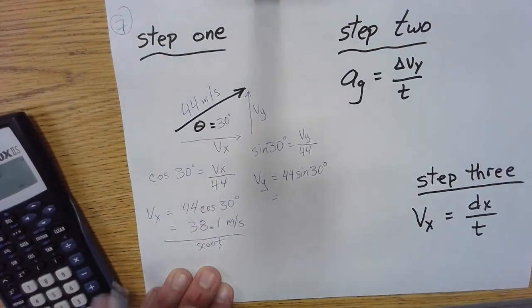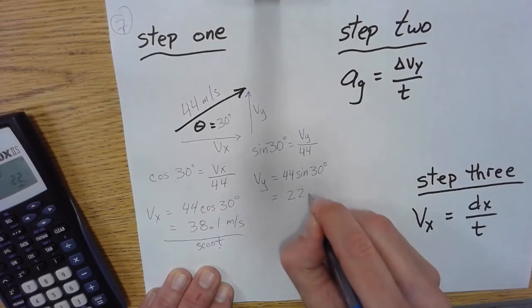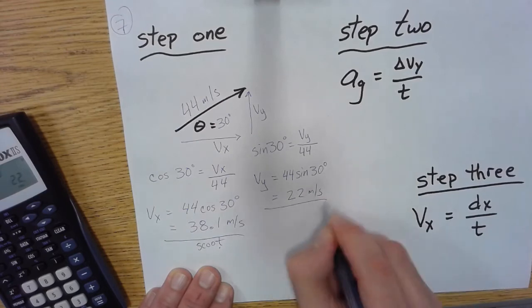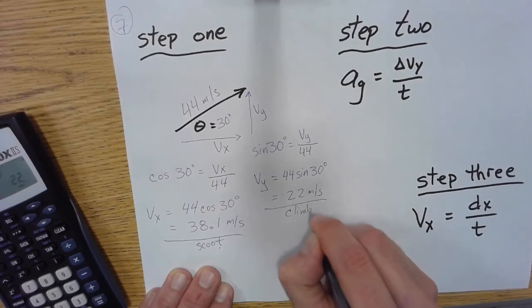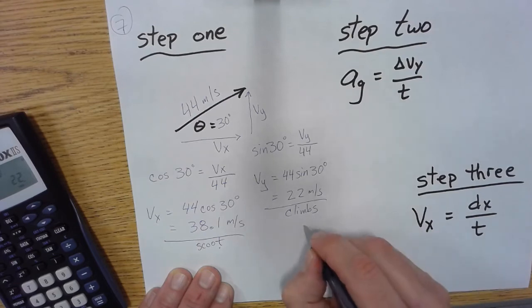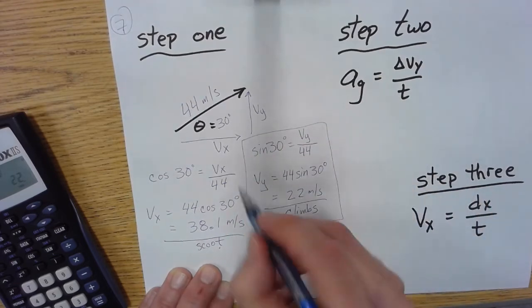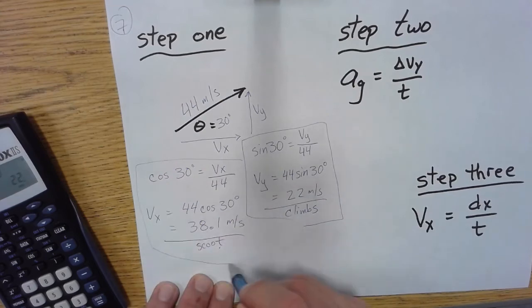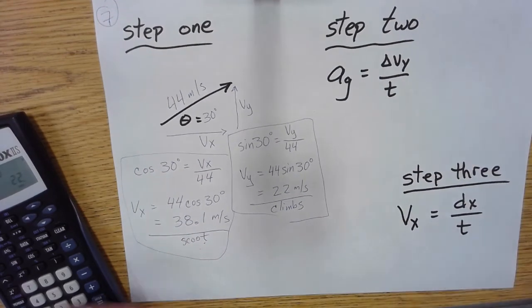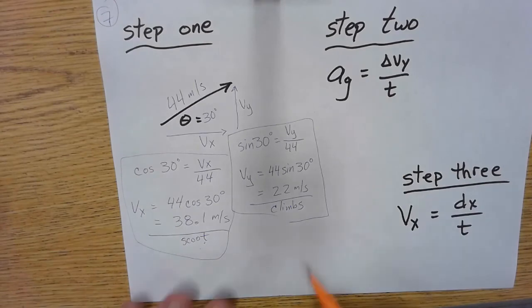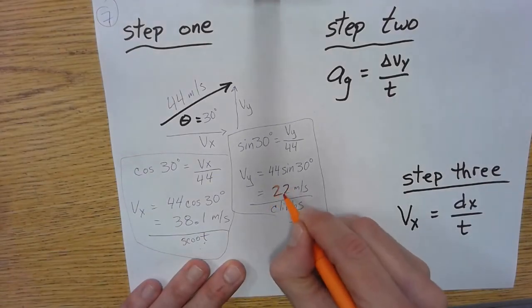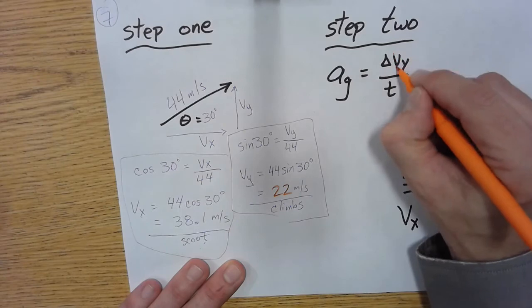Now, it should be smaller. Yeah. So there's the speed it climbs. So that's step one. Step one, draw that triangle. Get Vx, get Vy. Okay, then it's Vy, and we plug in up here.